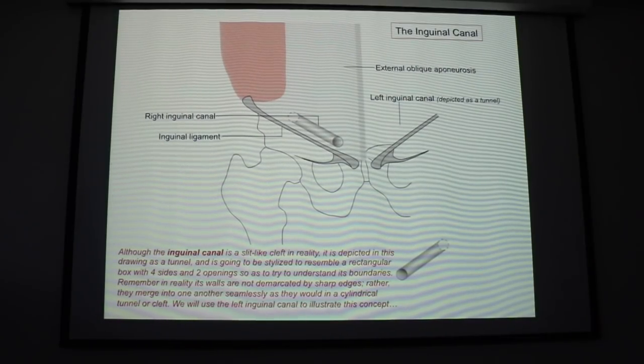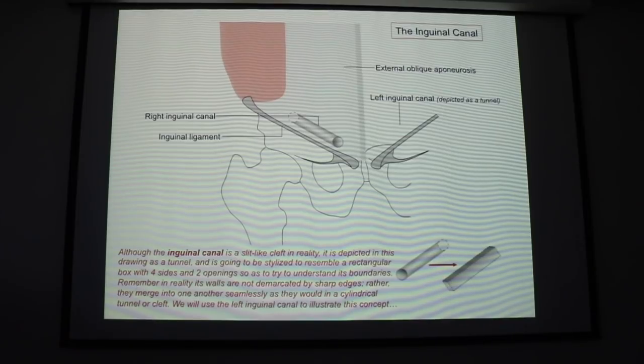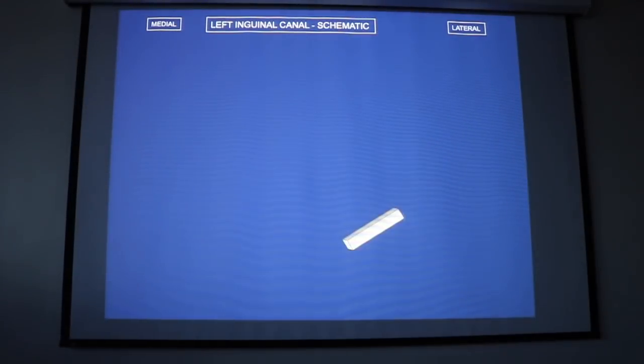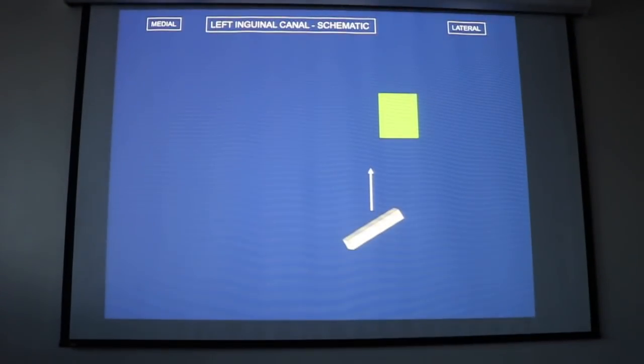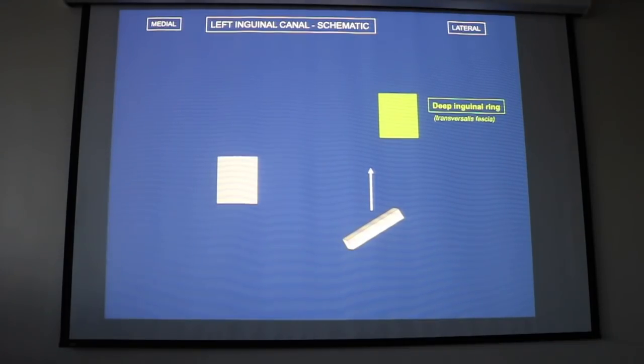Making it a rectangle clarifies which is anterior, posterior, superior and inferior. Are you with me? So let's make it out. The deep ring. From where has it come? Just trust me, this is the fascia transversalis, but I have to prove it yet. Superficial ring.